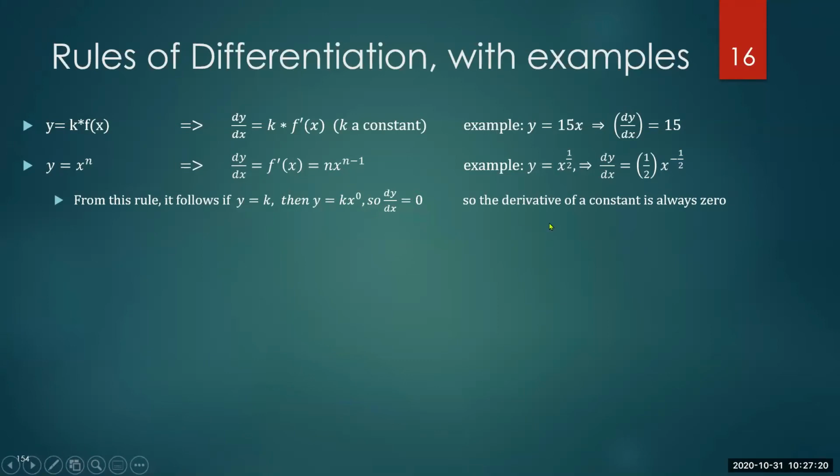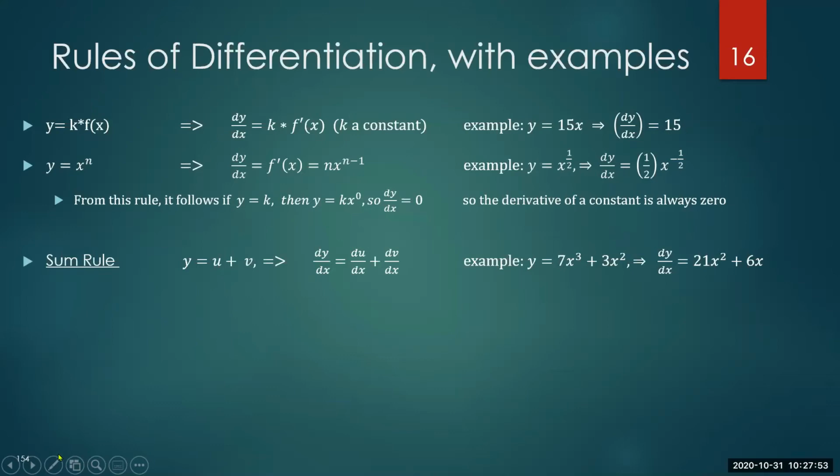So the derivative of a constant is always 0. And that is not entirely unexpected, because if you draw a graph of a constant, say y is equal to k, that's simply a horizontal line and it's got a slope of 0. So you can demonstrate this graphically, and you can also demonstrate this mathematically using this rule.